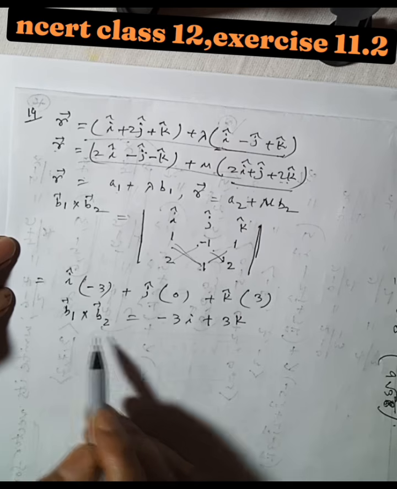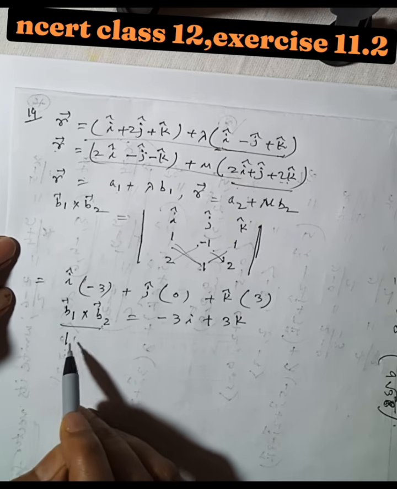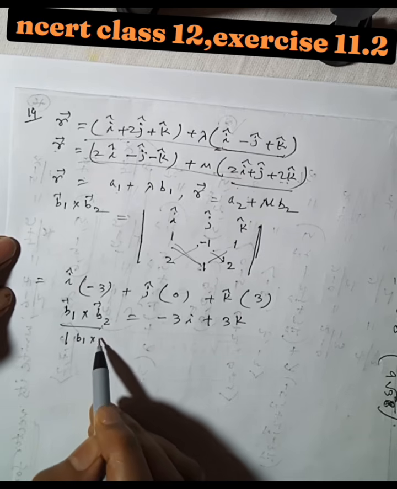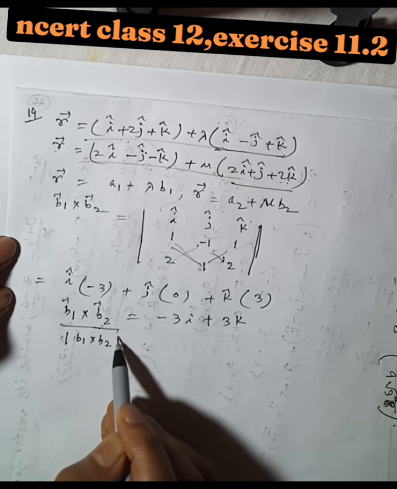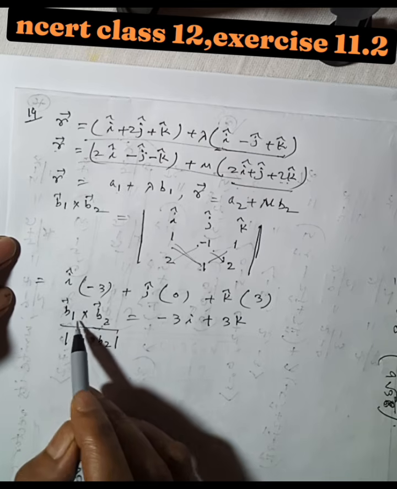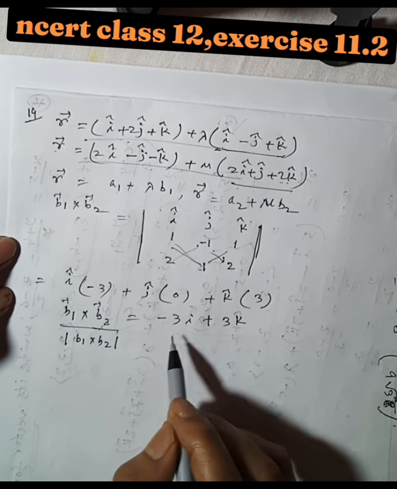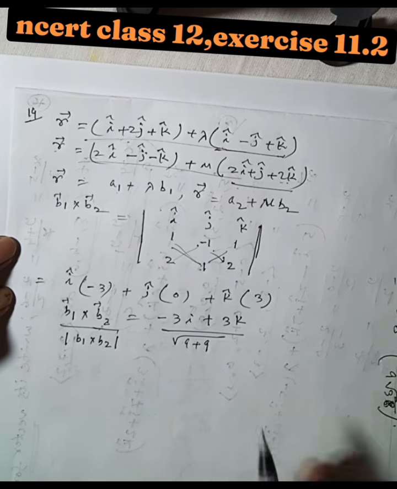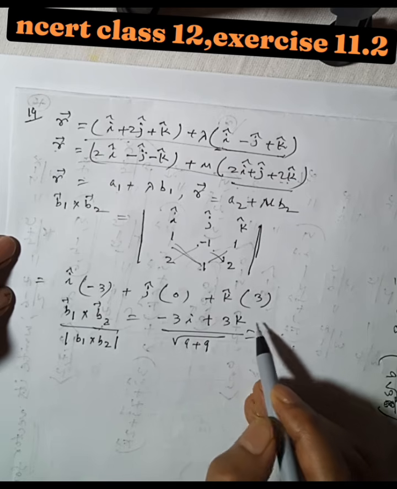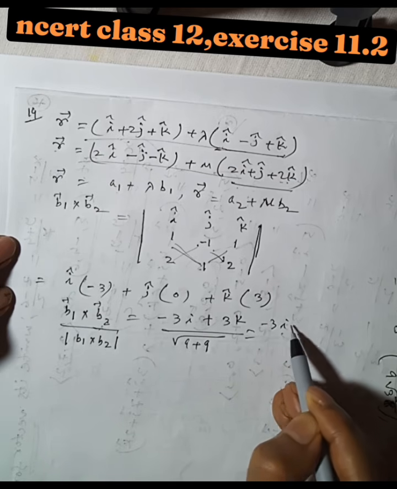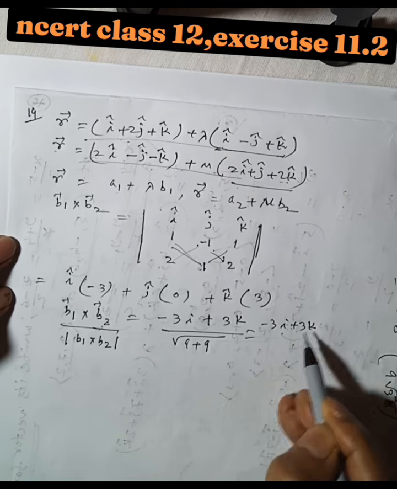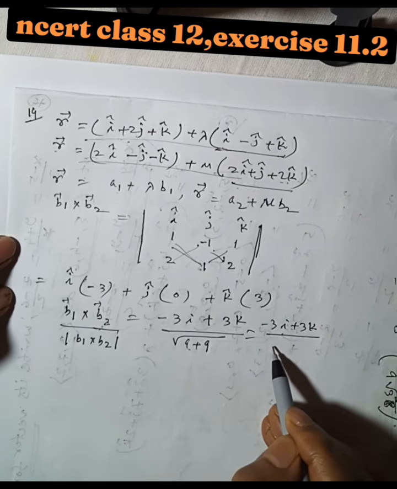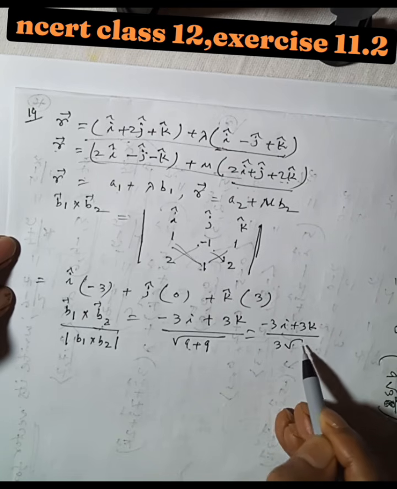Now the unit vector of b1 × b2 is -3i + 3k divided by its modulus, root of 9 + 9, which is root 18, meaning 3 root 2.